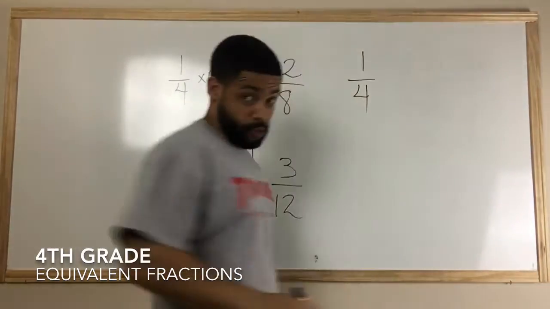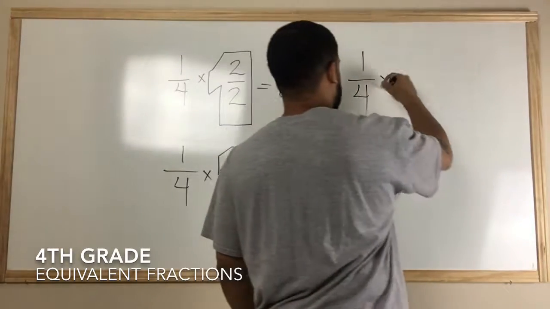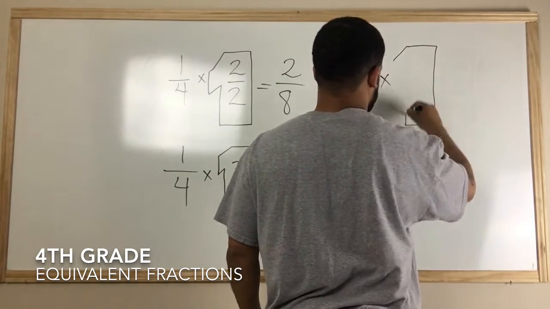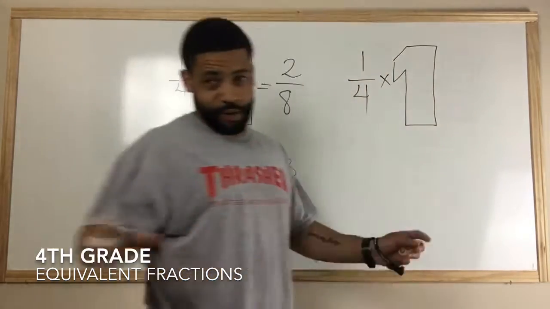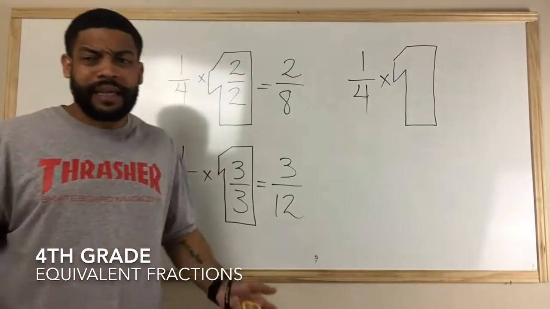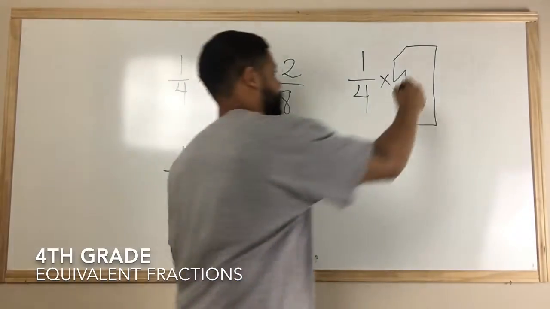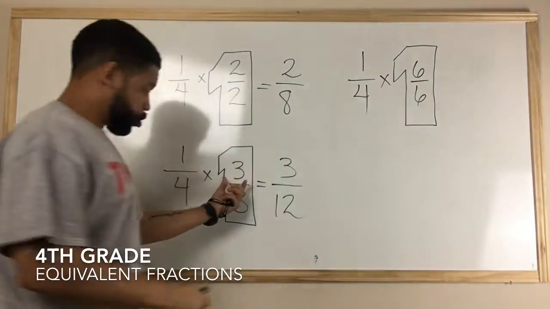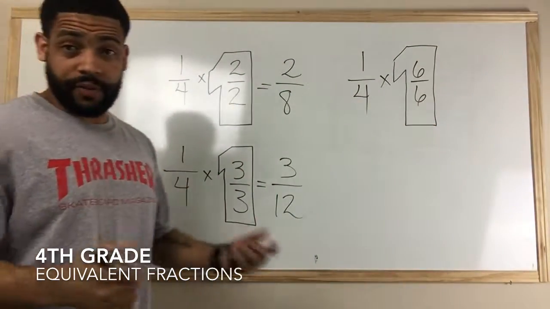Once again, starting with 1/4. And we're going to multiply it by the big 1. As you guys can see, I'm not the greatest artist. All of my ones look different. We're not going to go to 4. We're going to say 6/6. Once again, 6/6 has a value of 1. 3/3 has a value of 1. 2/2 has a value of 1.